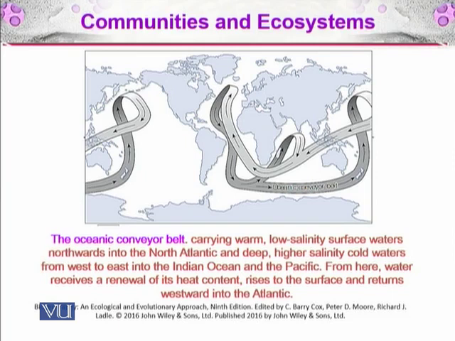From here, water receives a renewal of its heat content, rises to the surface, and returns westward into the Atlantic. This is a conveyor belt which takes water currents from one region to another, and it will also help in the migration of certain species of organisms.